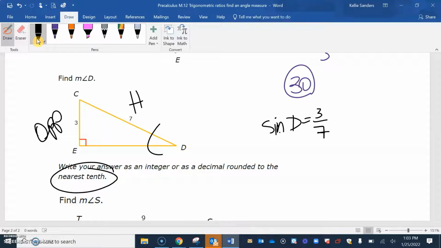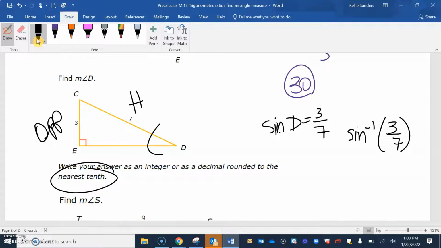And to find an angle, using a calculator, we're going to use what's called the inverse function. And since we're using sine on this, it's inverse sine of 3 over 7.